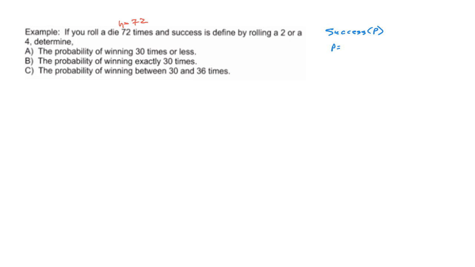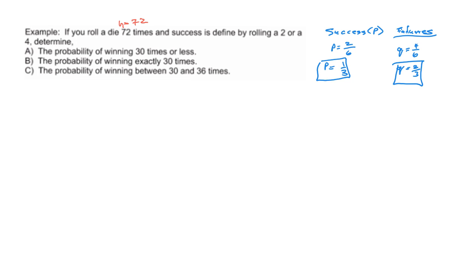P is equal to 2 over 6, which gives us p equaling 1 over 3. Similarly, for the failures, q is 4 over 6, which is just 2 over 3. So q is 2 over 3.